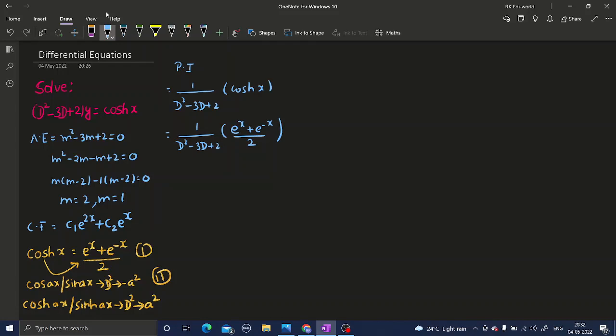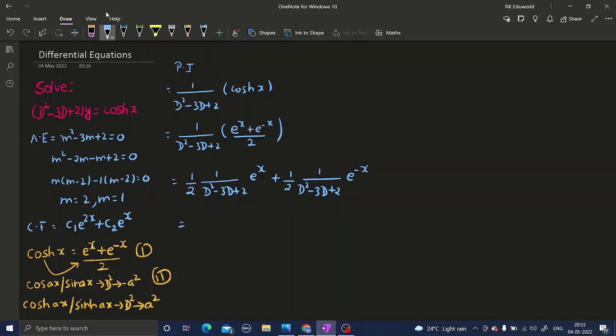Now I can separate this into two parts. First part being 1 upon D square minus 3D plus 2 operating on e power x, plus half 1 upon D square minus 3D plus 2 operating on e power minus x.